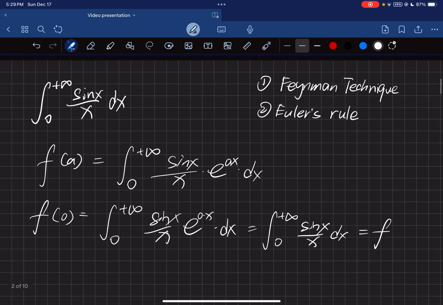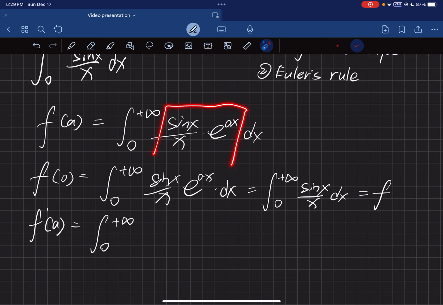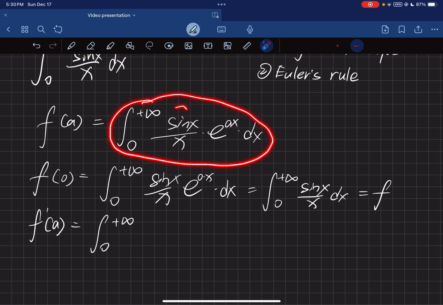So we take the derivative of the function of a, which means we just need to take the derivative of the inner function, or the inner equation. As we take the differentiation of the whole equation, it just means taking the differentiation of the inner equation, right?